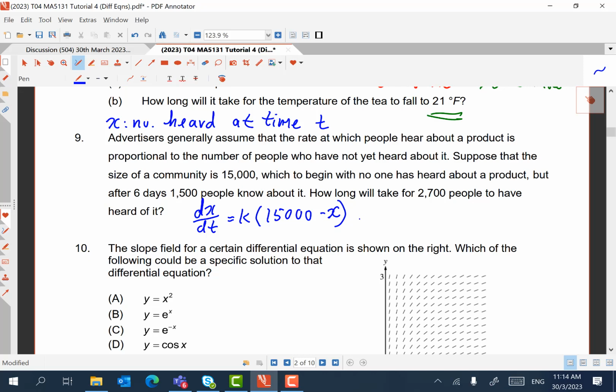And then you are saying that at time t = 0, x is 0, at time t = 6 days, and then what they're asking for is the time at which so many people hear about it.